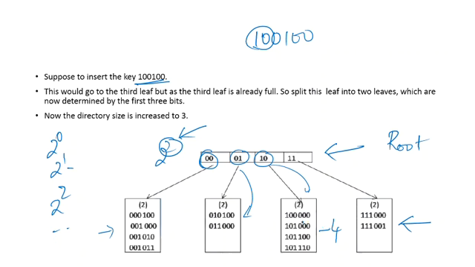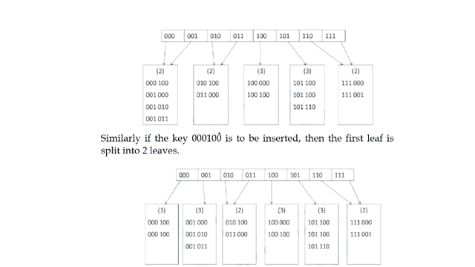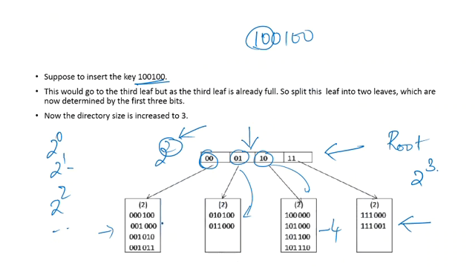So what I do is increase my index. How do I increase this? I will increase it to 2 power 3. Now I will consider the first 3 bits, so you will have 000, 001, 01. Now each and every element will be rehashed.